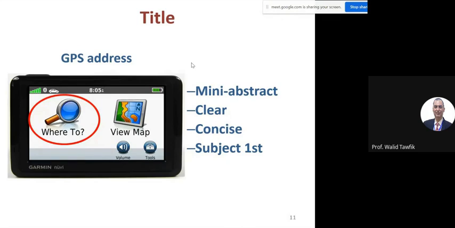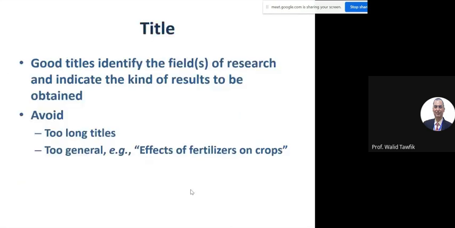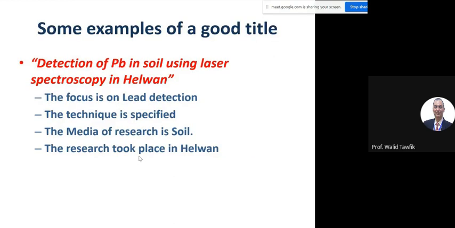Everything is included in the title. The title looks like a GPS, it will give you a guide where to go and how to go. It should be concise and subjective. Of course, identify the field, and we have to avoid too long titles and too short titles.